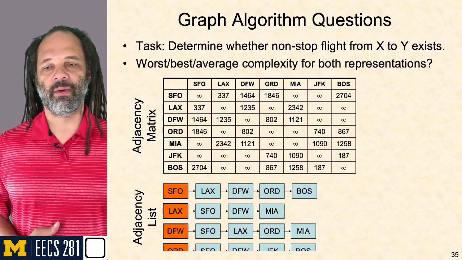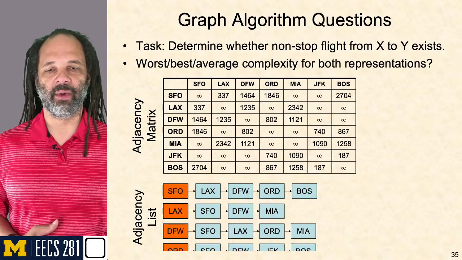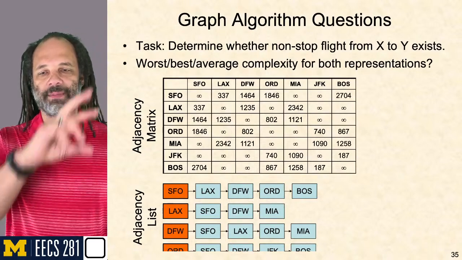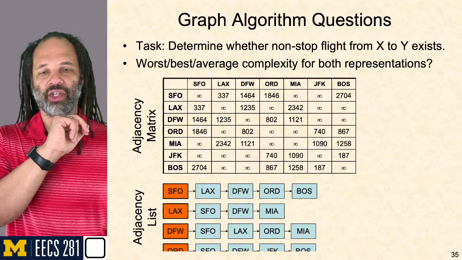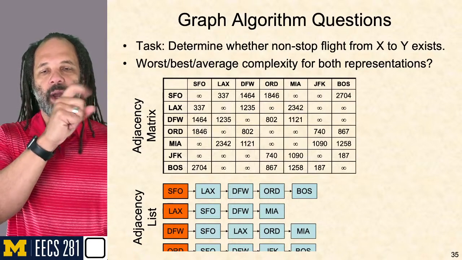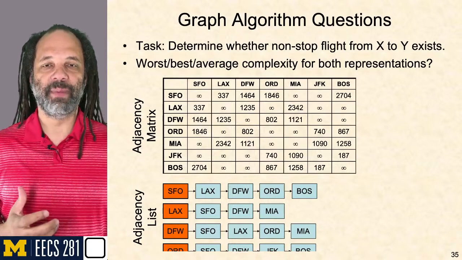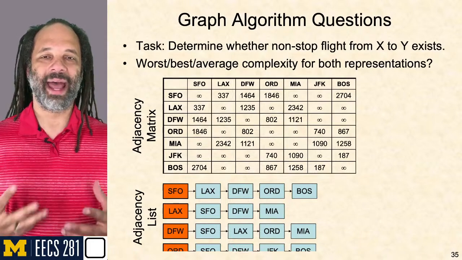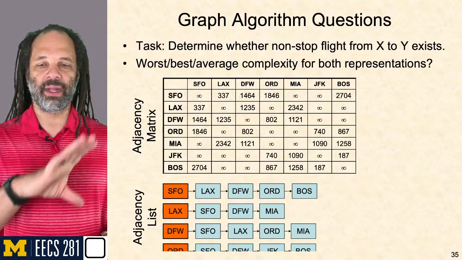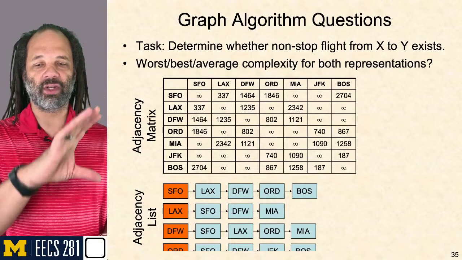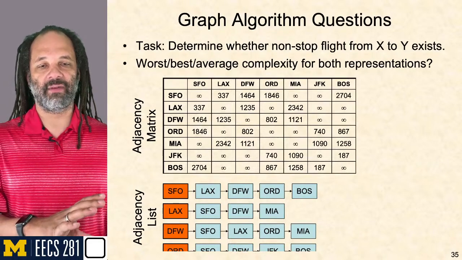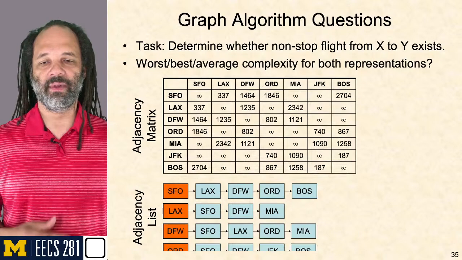So let's start out with some simple algorithm questions. We'll do some design work here. Up top, I've got the question, and what I want is the worst, best, and average when I get these things. Down here, I've got the adjacency matrix version of it and the adjacency list version of it, just for viewing purposes.